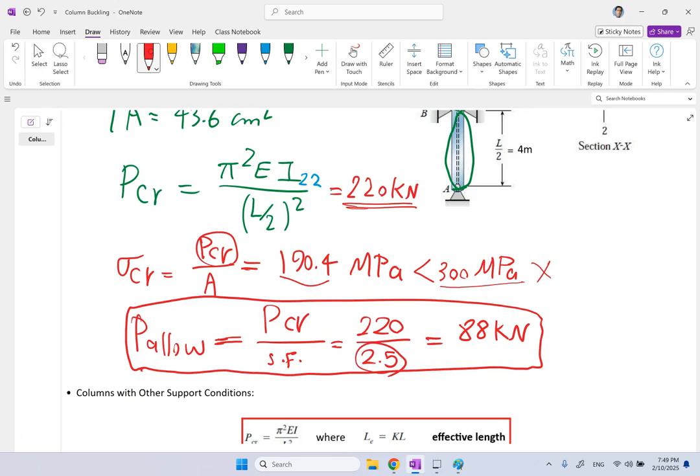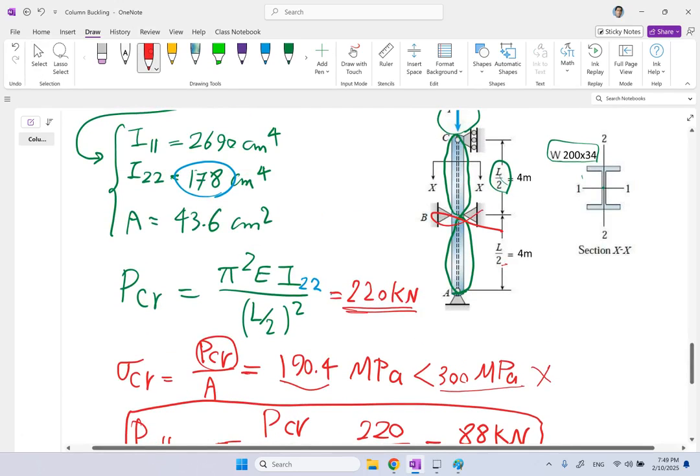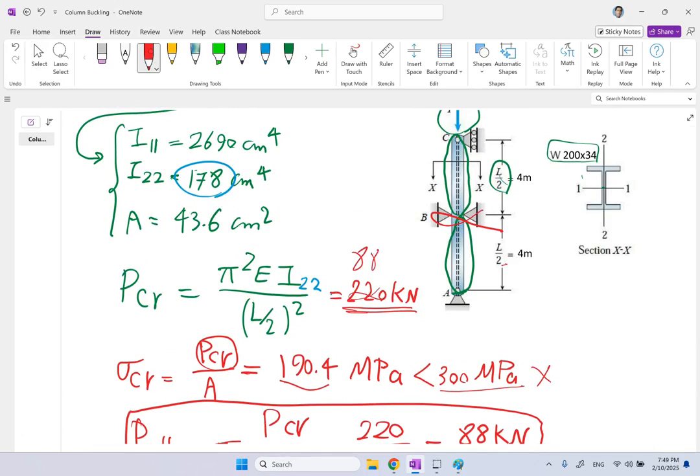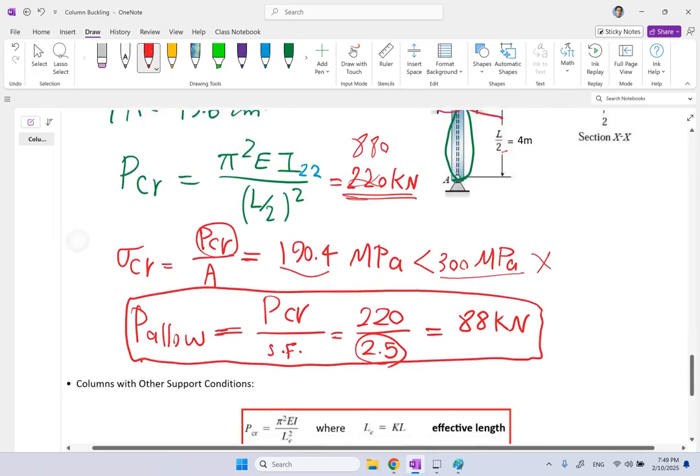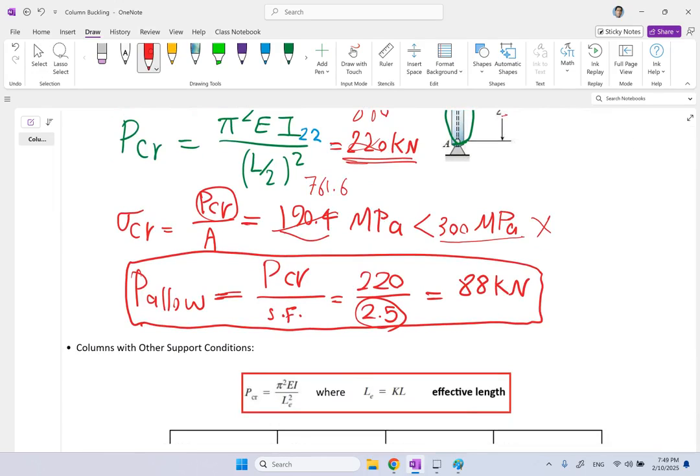Now remember, if this middle support was not there, then you're going to get 4 times smaller than this. So this guy is going to go to 880, and that means this guy is going to go to 61.6, correct? And that is way bigger than 300.